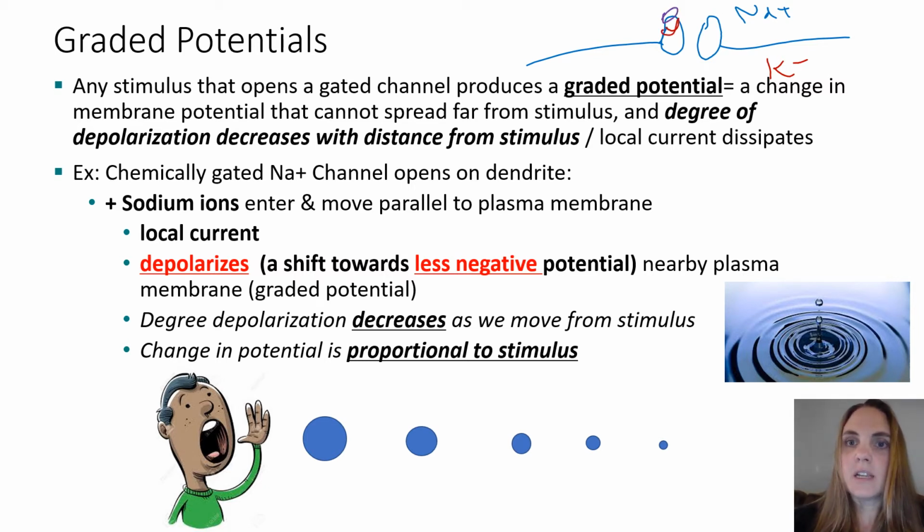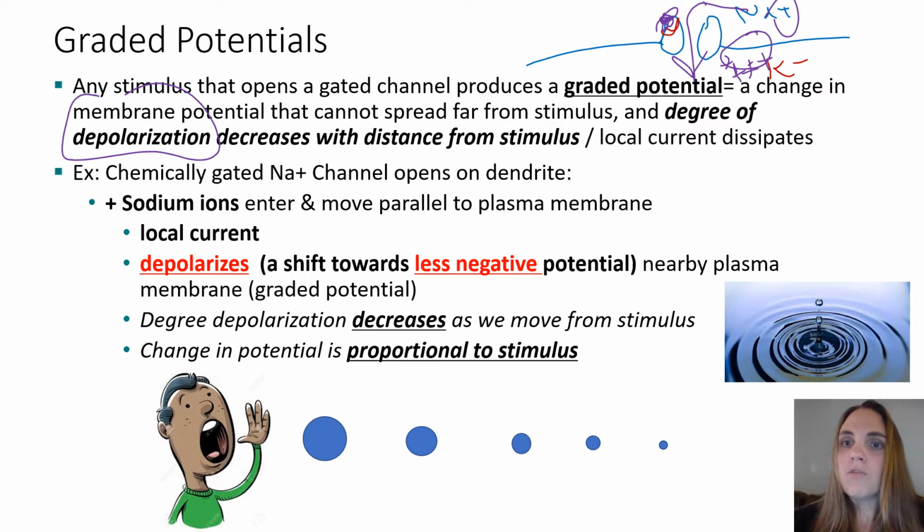Our ligand comes in and binds, and that is going to allow our ions to flow. Sodium is going to flow in initially, and remember it has a positive charge, so it creates a local current of positive charges along the membrane. That changes the membrane potential here to a more positive number, and that's called our depolarization.